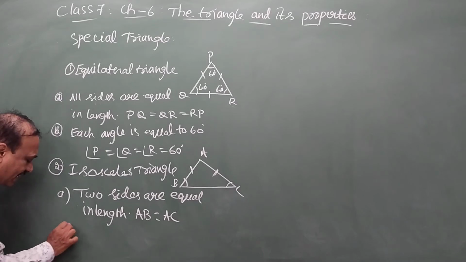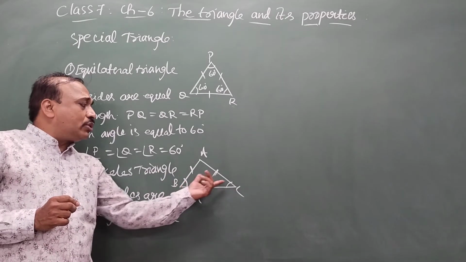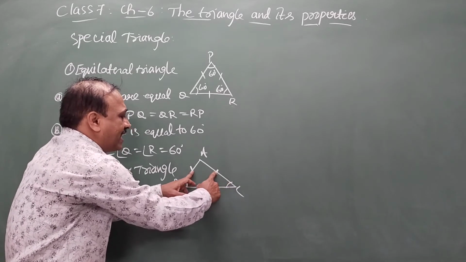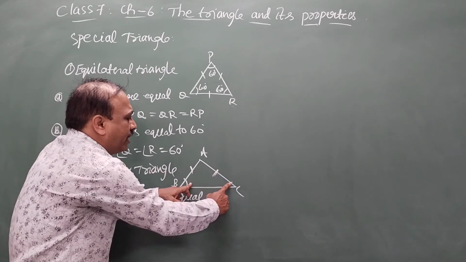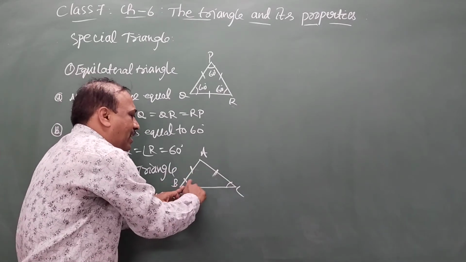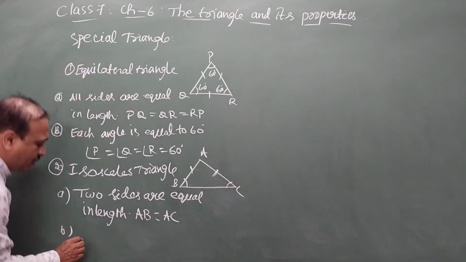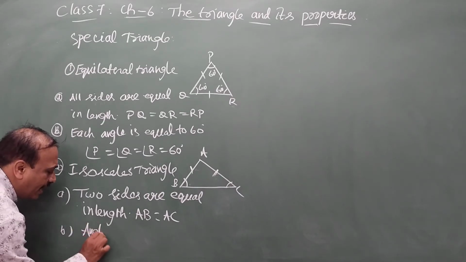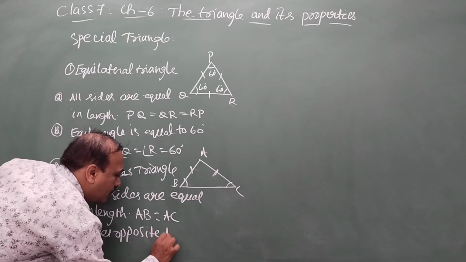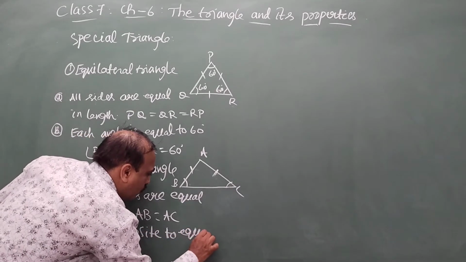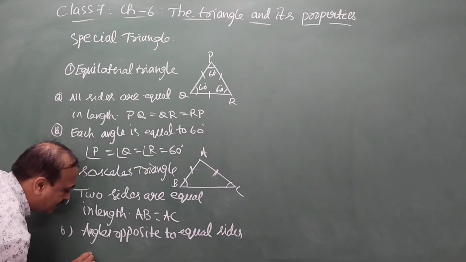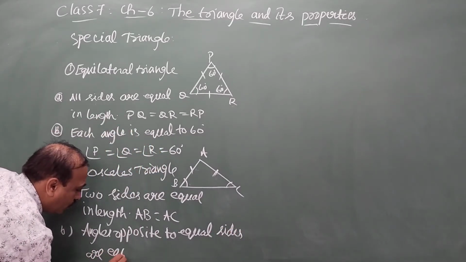And the second property is that angles opposite to equal sides are equal. See, this angle is opposite to this side. So angles opposite to equal sides are equal.